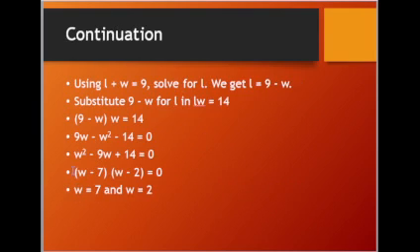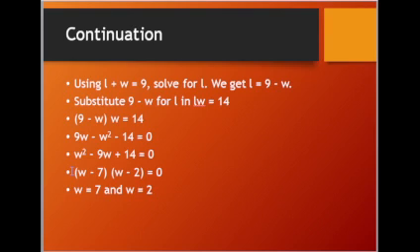Using L plus W equals 9, because that is simpler, we need to solve for L. So we get L is equal to 9 minus W, because we subtract W from both sides, and that is the subtraction property of equality.